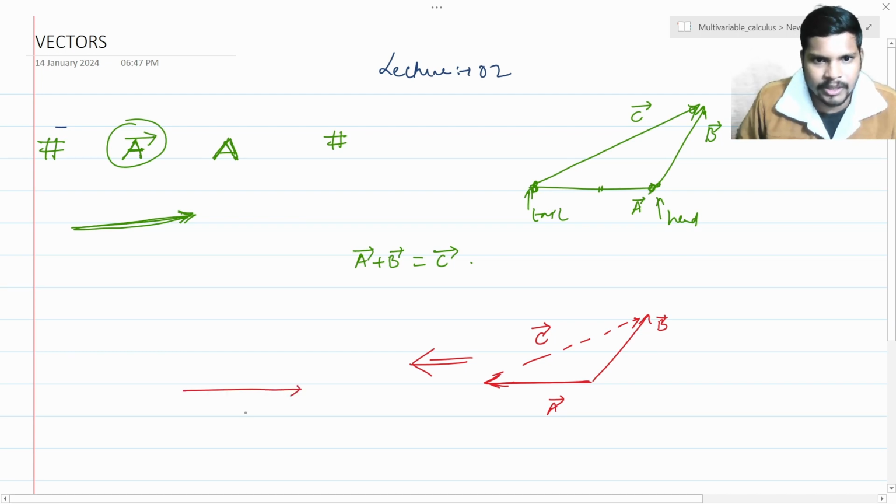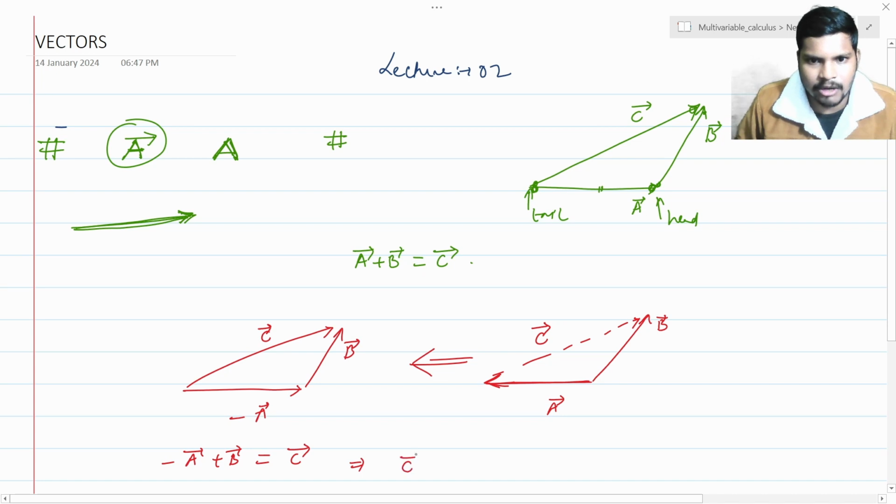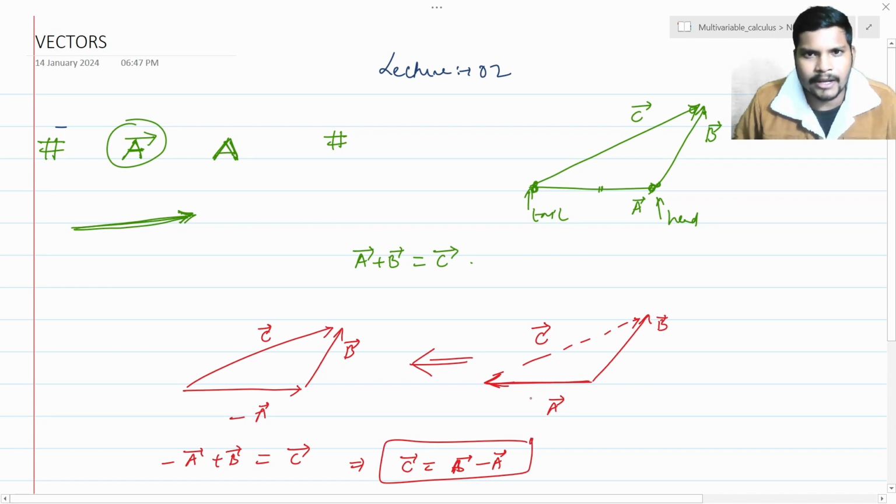So this vector would be minus A vector. This vector is already B vector, so I can simply go over here. So I have minus A vector, then I go to B vector, and then I have C vector. So in this case, our C vector is basically B vector minus A vector. So by multiplying any vector with a negative number, its direction can be changed.